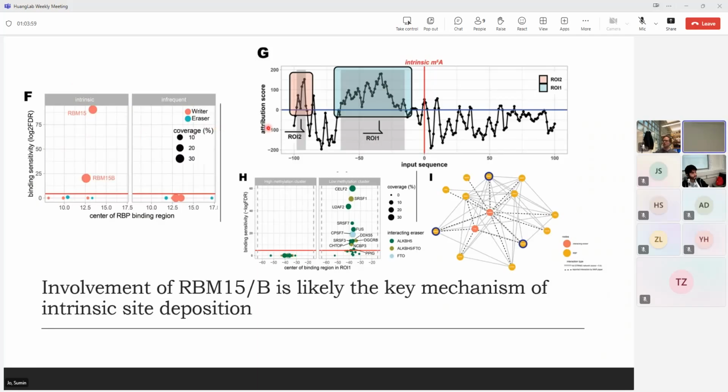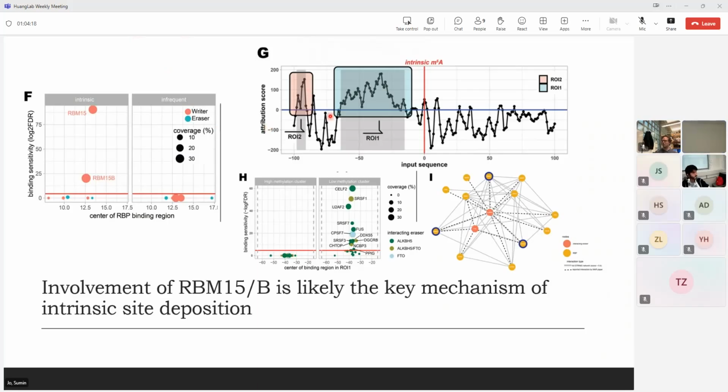And one of the features of intrinsic sites was the sequence feature: the neighboring sequence of intrinsic sites is different from the infrequent or background sequence.